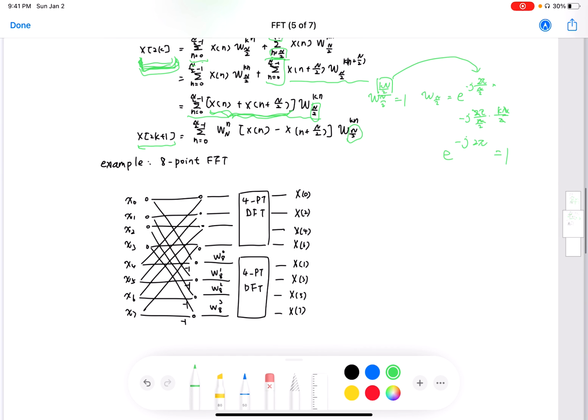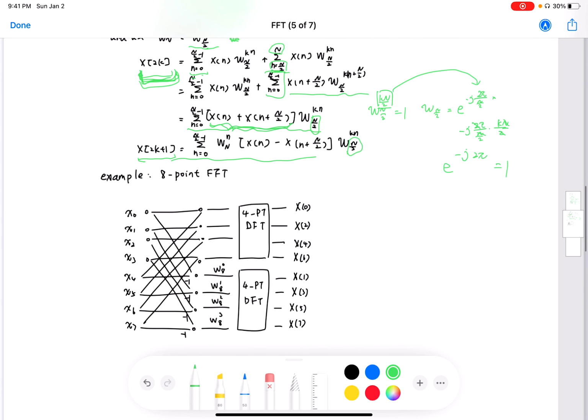We can also use a butterfly network to represent this formula. For the even indexed elements, we first add x[n] and x[n plus N over 2].